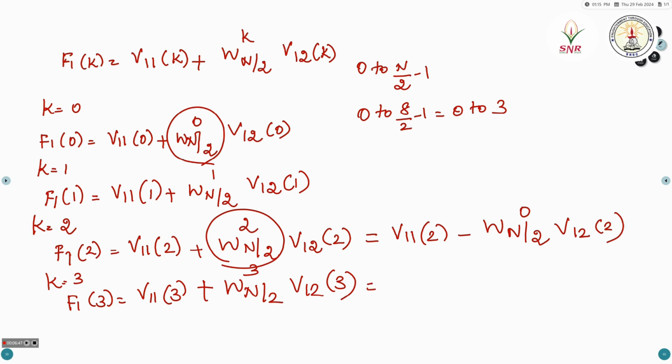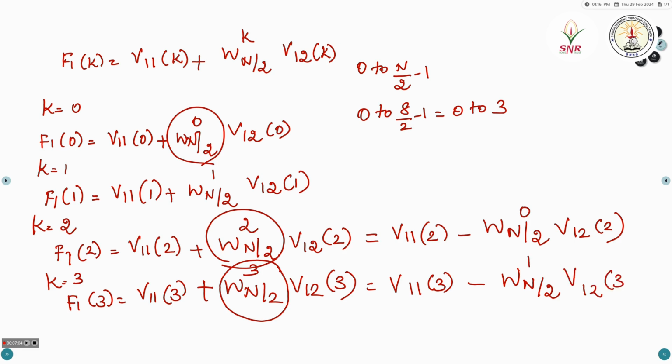Similarly, this can be written as v11 of 3, and instead of W n by 2 power 3, we can write minus W n by 2 power 1 v12 of 3.